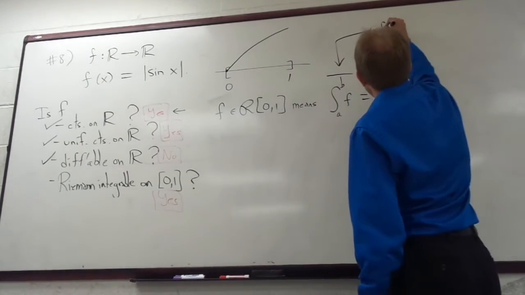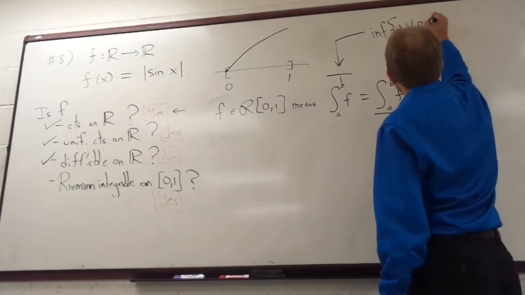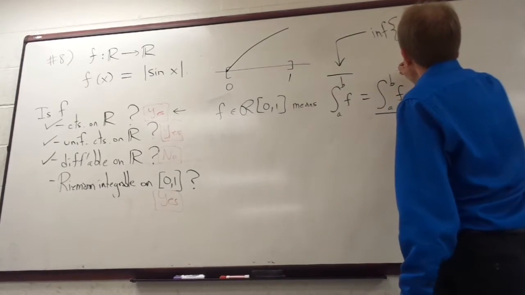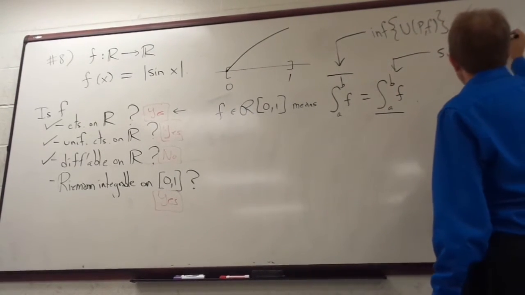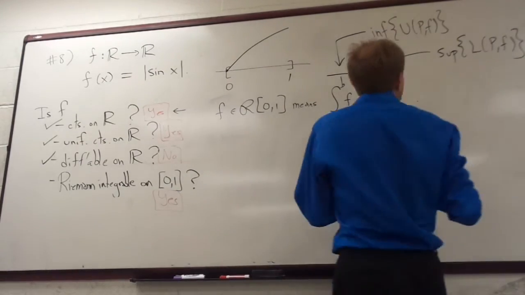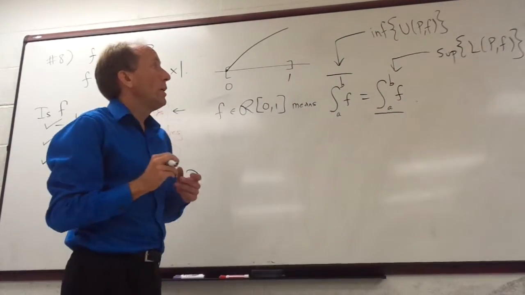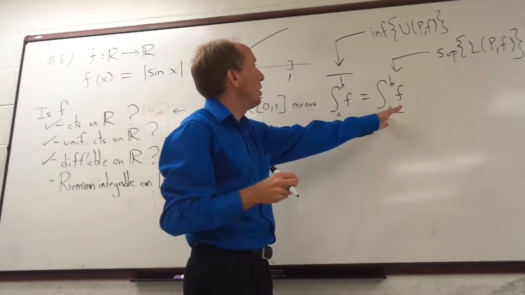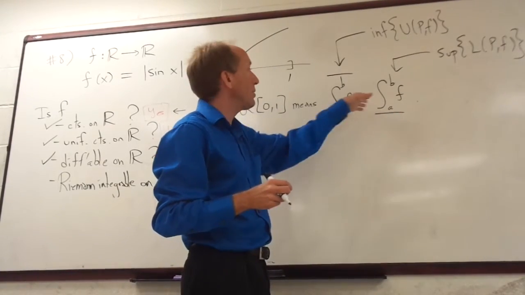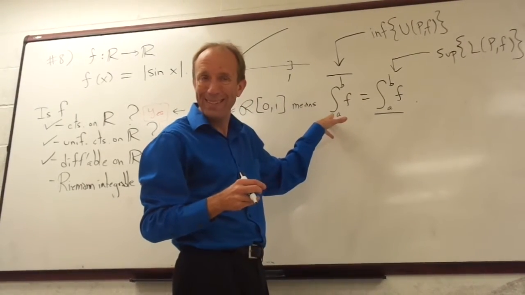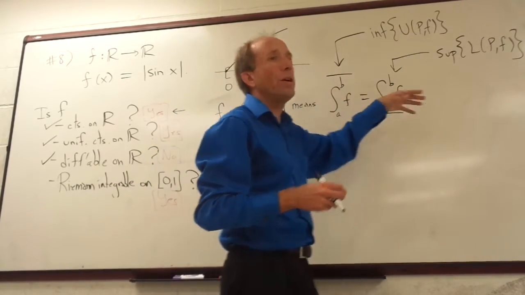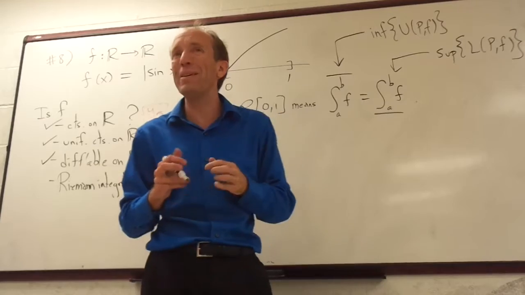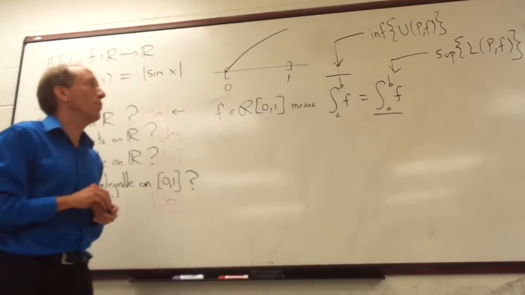This is the infimum of all of the upper sums. And this one right here is the supremum of all of the lower sums. Okay, and we know that this one is always less than or equal to this one, right? But we need to know that they're actually equal to be able to argue this.